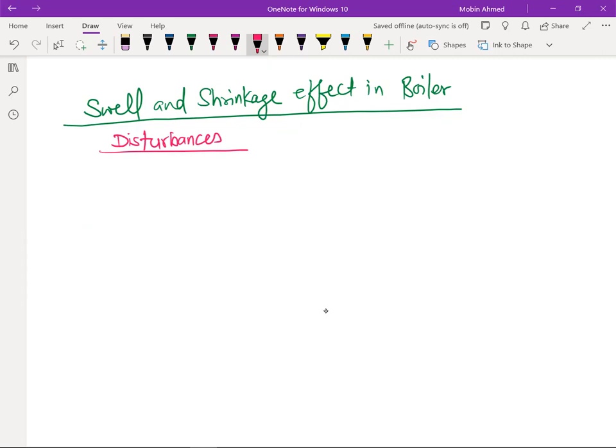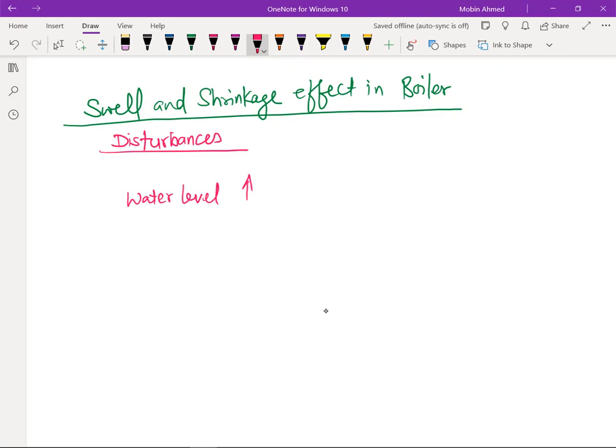This should not happen, but if it does, then this swell and shrinkage effect happens. Now let's see. When the boiler is firing, the water level is always going to read higher than when the boiler is shut down.